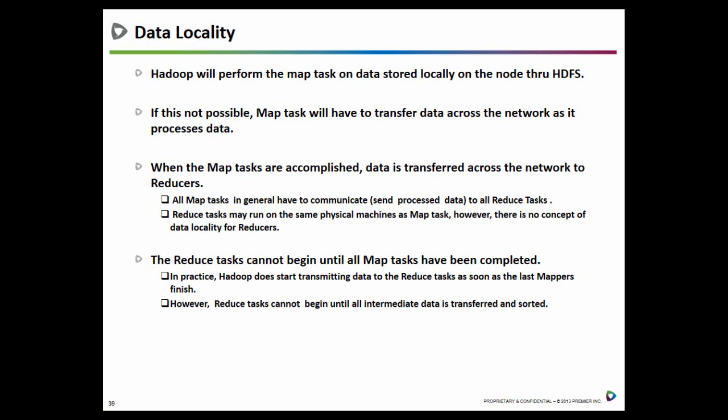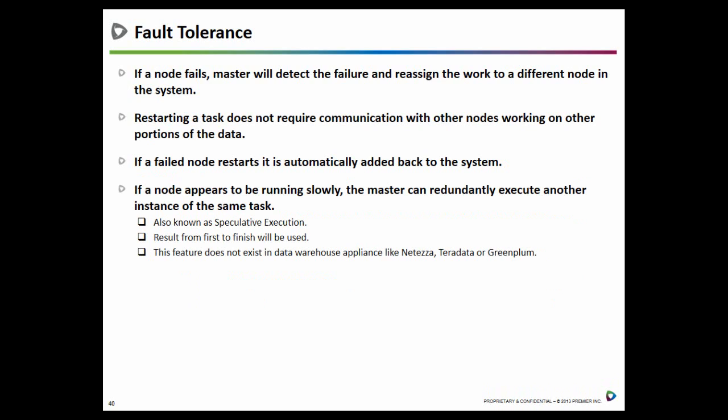Obviously, that makes sense. Fault tolerance: because of redundancy of storage, each node in Hadoop is hot swappable, and everything restarts automatically. A task does not need to communicate with other nodes working on the same portion of the data.